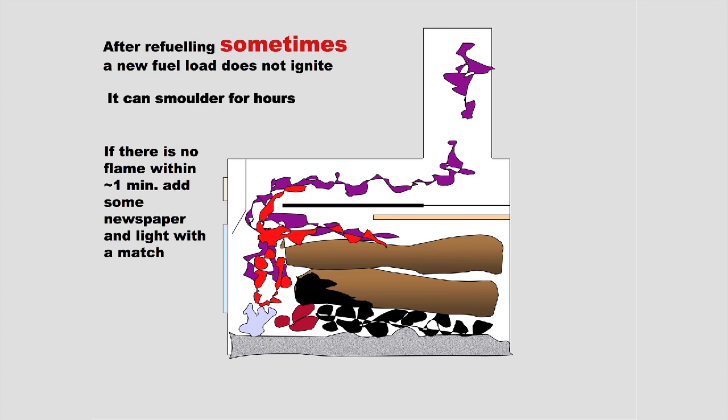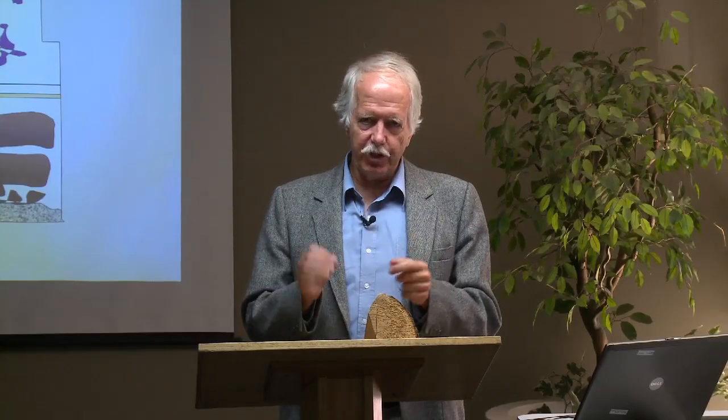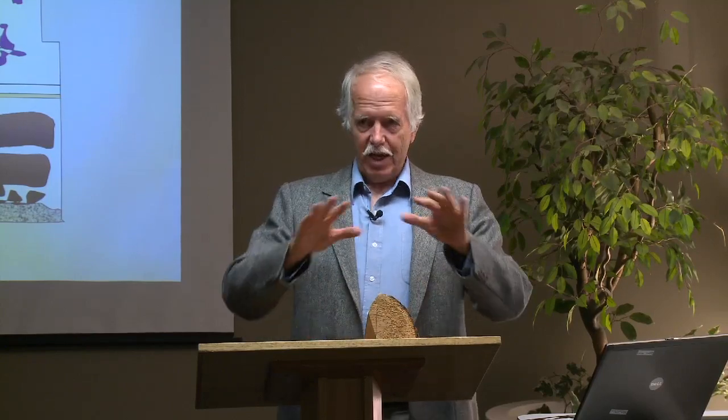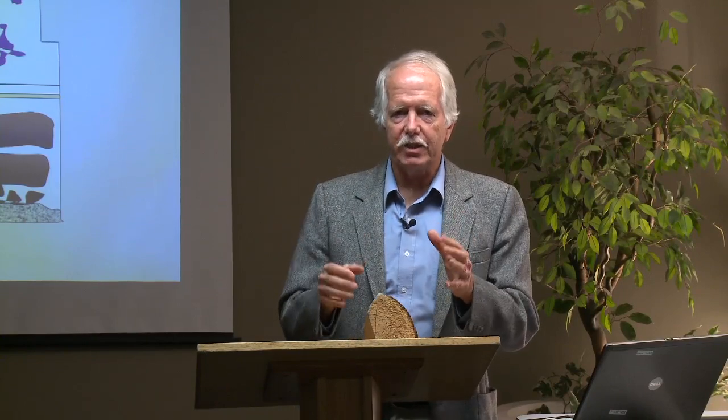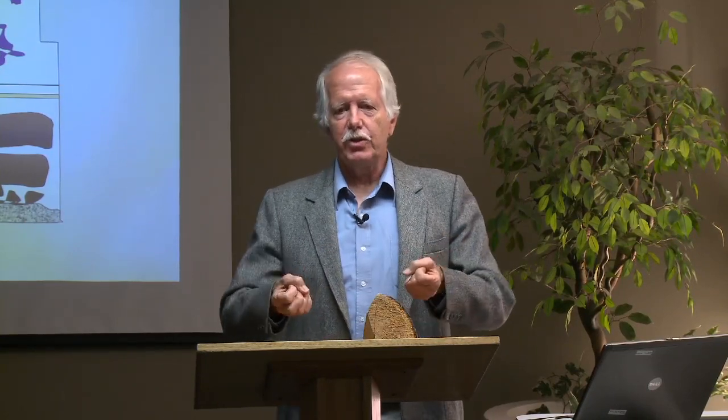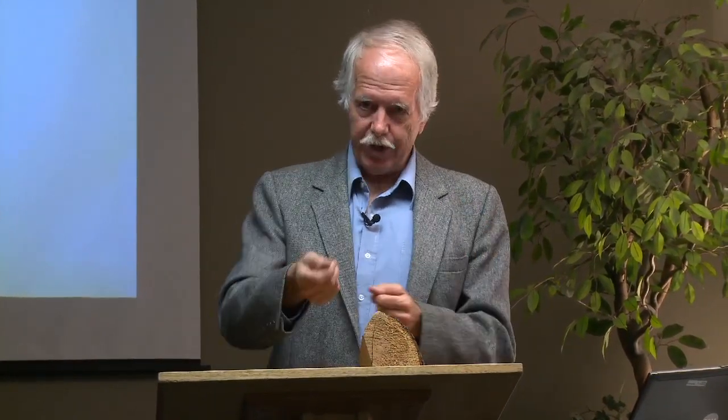If you don't see any flame within about 20 or 30 seconds, it's important to get a bit of newspaper, put it in and light it, because the wood heater will be giving off gas and there's just nothing there to ignite it. If you do this, you will often see a whoomph, and suddenly the wood heater will be full of flame. Before you put the newspaper in and lit it, all that gas was just going up the flue and coming out as smoke.